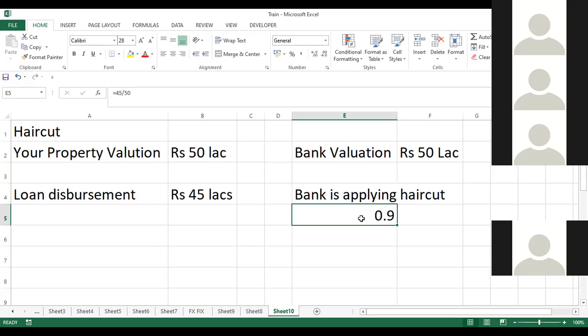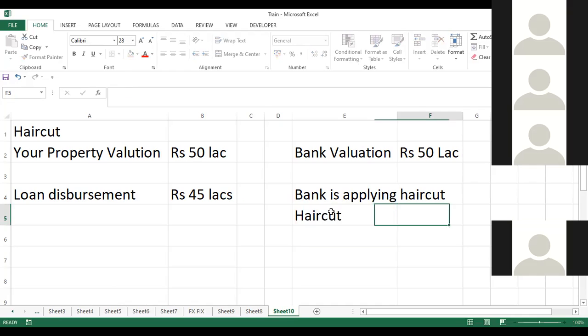So 9% haircut is being applied, rather it is 10%. Because it's very clear, I would say a 10% haircut is applied, and you would say the haircut percentage is 10%.